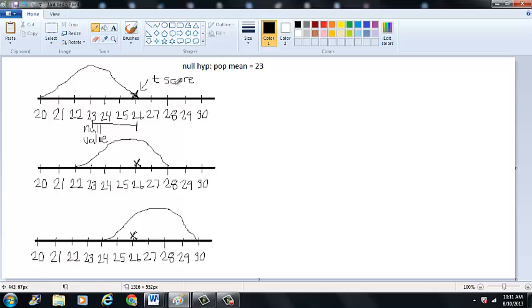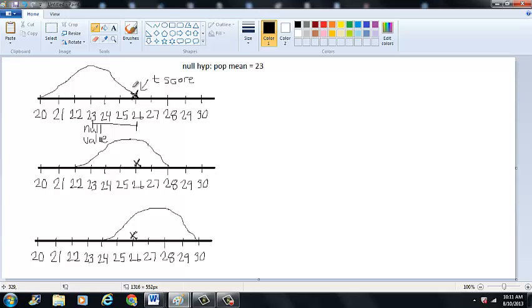So basically, the t-score tells us how extreme our sample is in the situation where the null is true. And if the t-score comes out equal to or above the critical value, it means that our sample is extreme enough to reject the null hypothesis that the population mean equals 23.